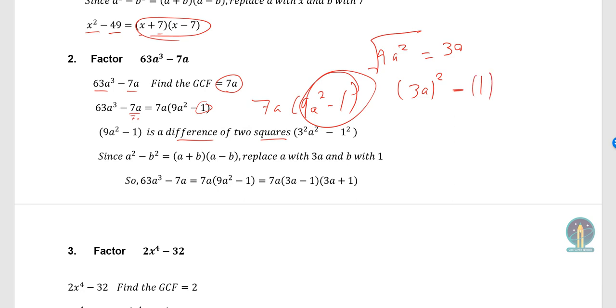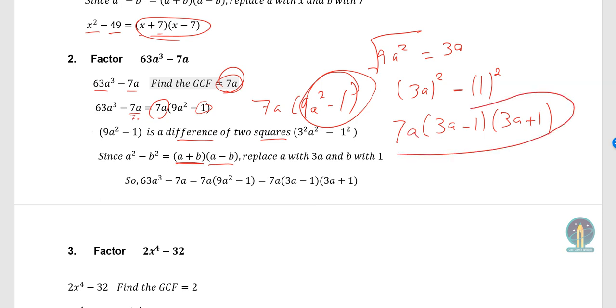So to factor it out to the form a plus b, a minus b, we'll get 3a minus 1, and then 3a plus 1. And then we had the 7a factor outside, right? So we just write it out. And this is our answer, just like we have here.